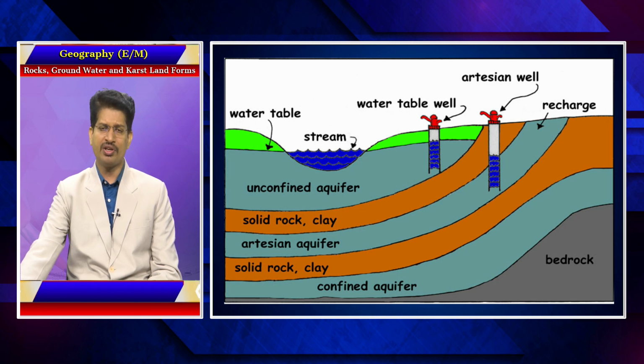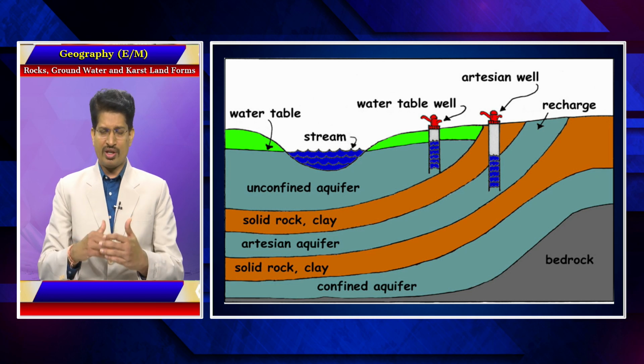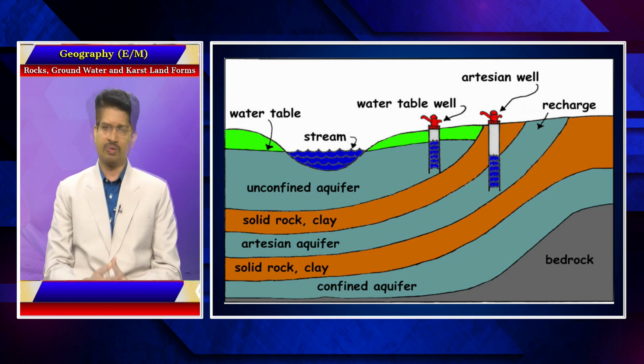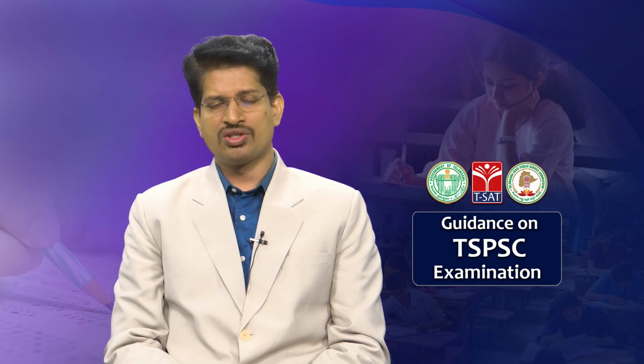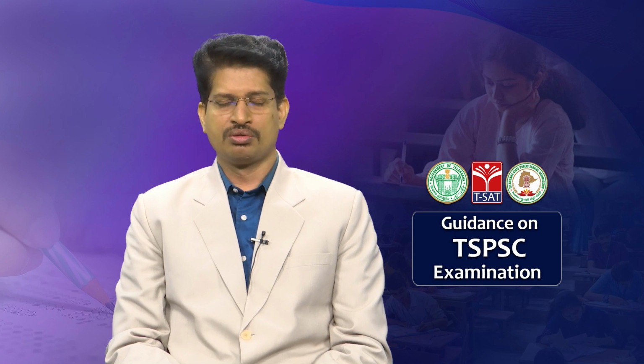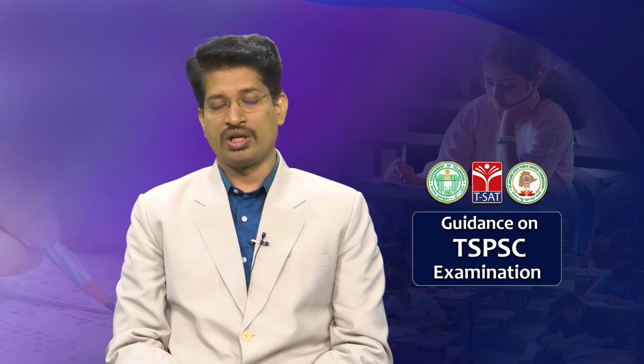Because of the gravitational pressure head, the water pressure head, water emerges out through the bore, without the requirement of any electrical motor or energy. This phenomenon, where just by making a bore the water ejects out without the requirement of energy, is known as an artesian well. This is how you must differentiate between an ordinary bore well and an artesian well.